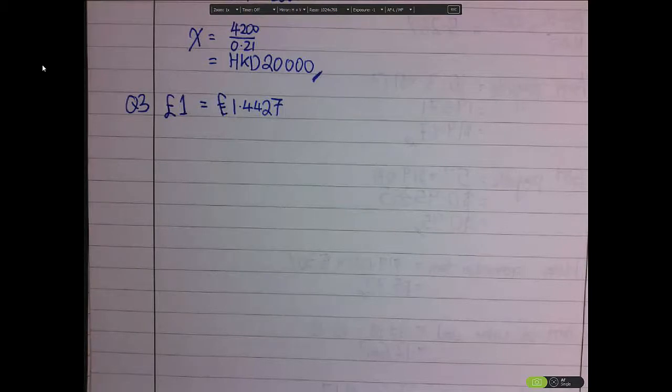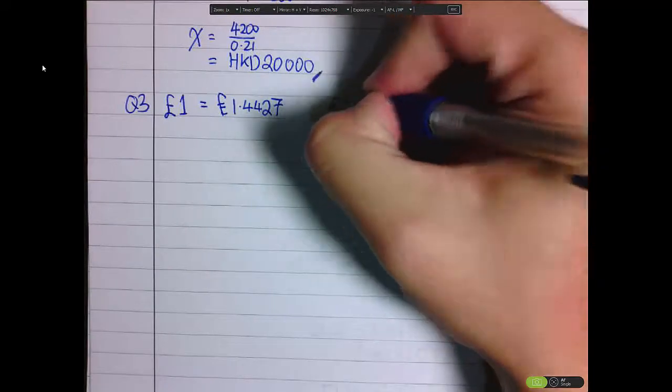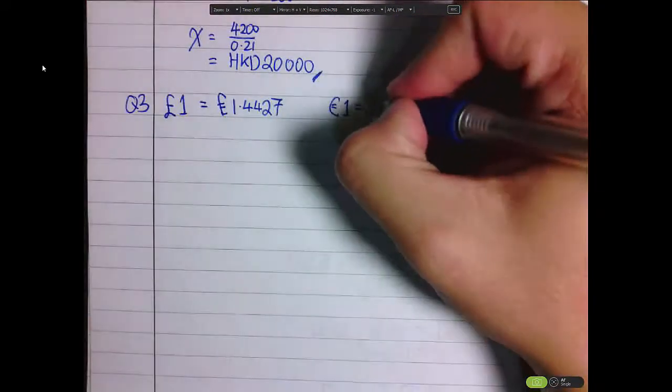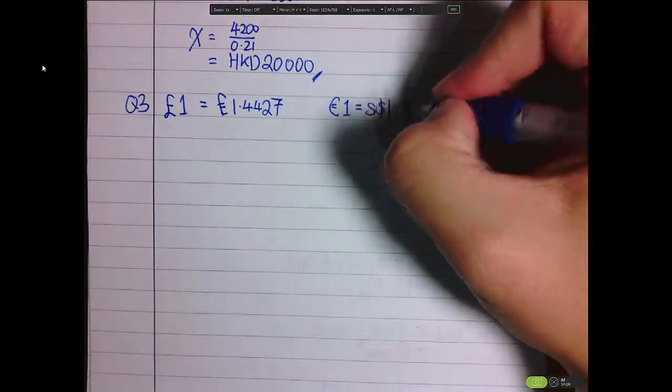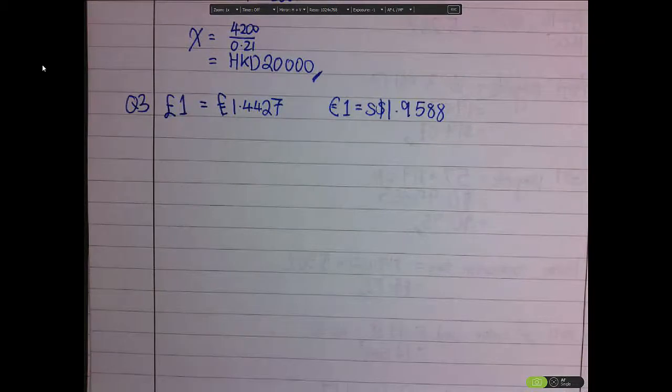Now they also tell me that the euro and Singapore dollars is 1 euro is equal to 1.9588 Singapore dollars.